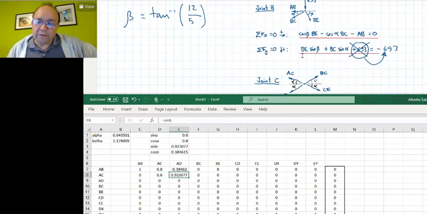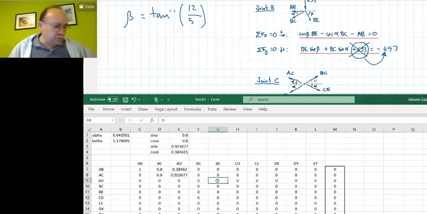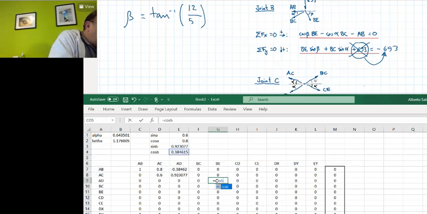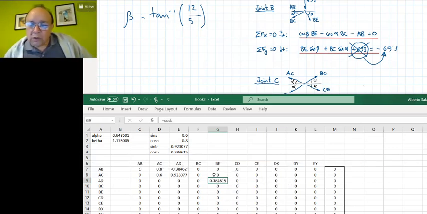Next, joint B. We have this equation here. BE cosine beta, so equals cosine beta. And minus cosine alpha for BC.